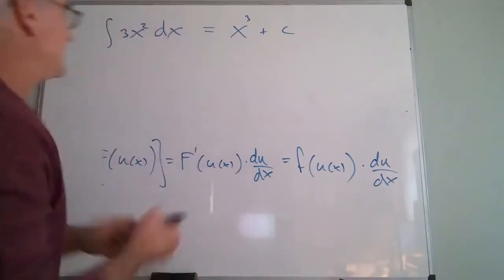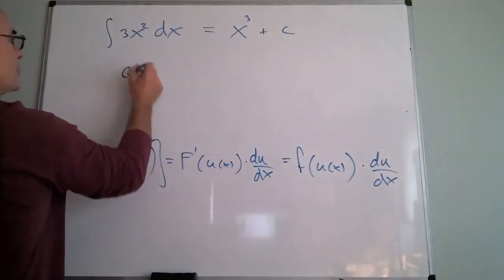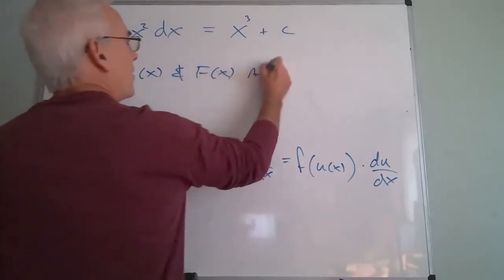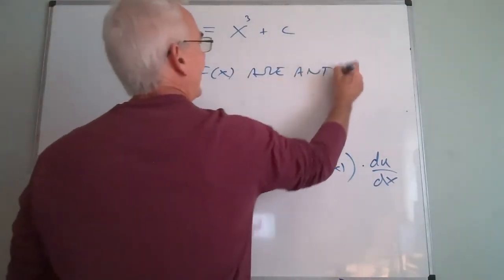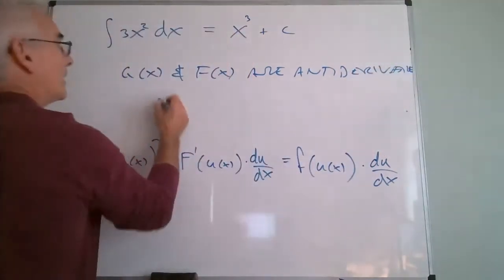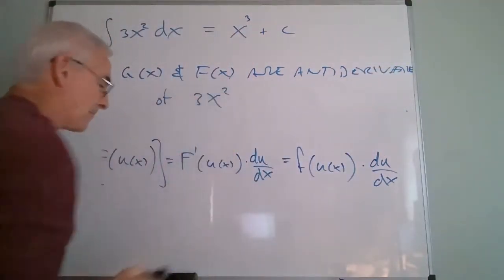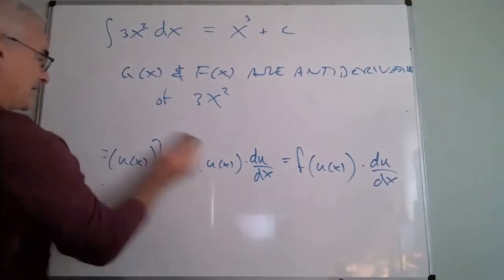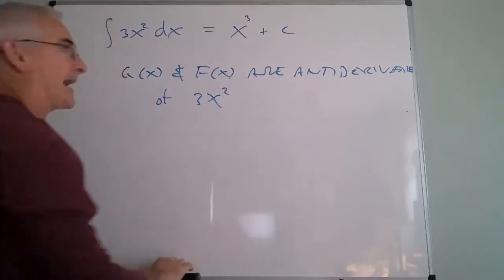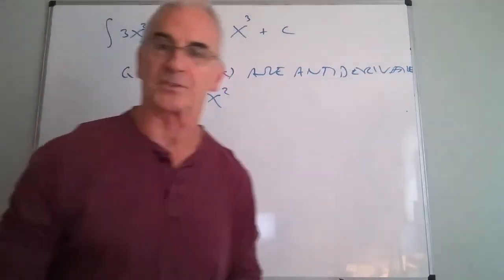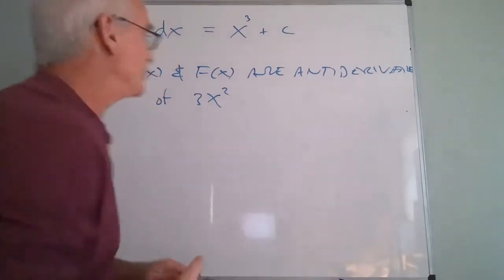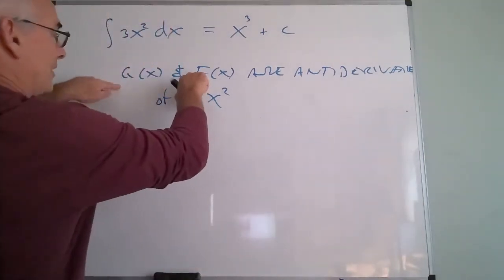So if I said, consider that g of x and f of x are antiderivatives of 3x squared. Both g and f are antiderivatives. So Nate found an antiderivative, and he wants to add a +5, and William found one, and he wants to do -7. You're both right. But how do f and g differ?